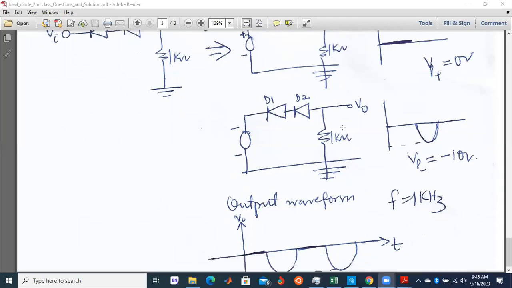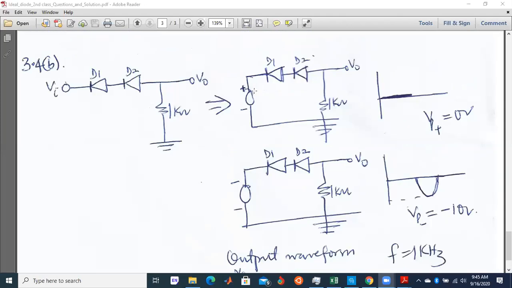I understand what you said. You said instead of changing the supply, you change this one, and here you also change this one again, right? Exactly. The procedure is you consider the diode to be in forward bias.